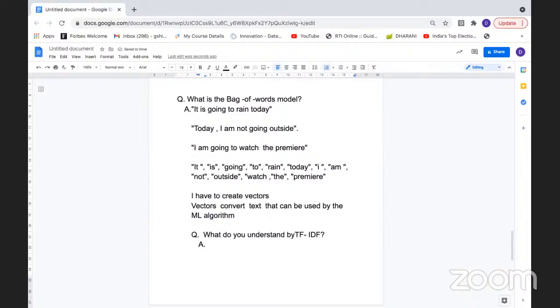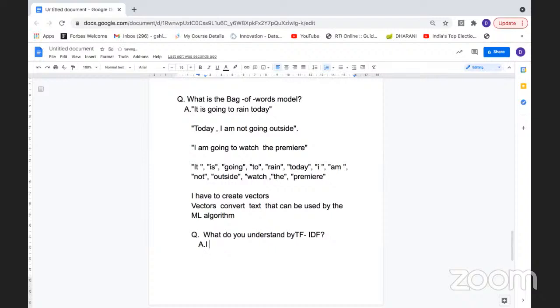What is that measure all about? It is a statistical measure, right? It helps us evaluate how important a word is to a document in a collection of documents. A collection of documents is nothing but a corpus.